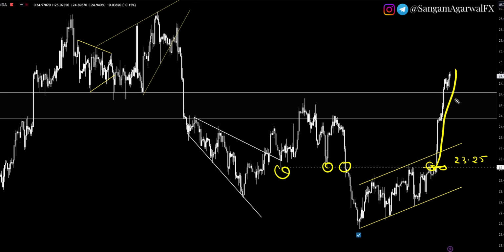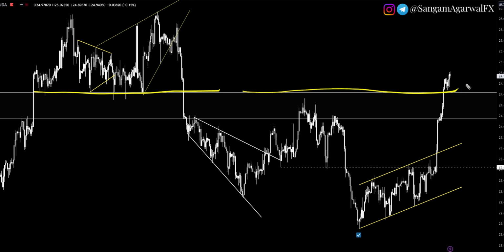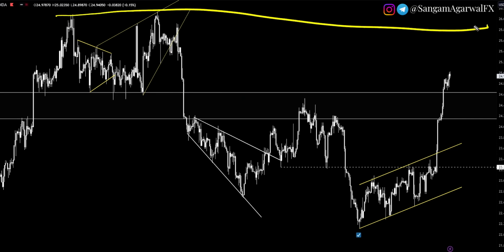So low chance that it returns back to this support level, same like gold 1935, and this resistance level is also broken, 24.6, and next is your only resistance near $26 price.